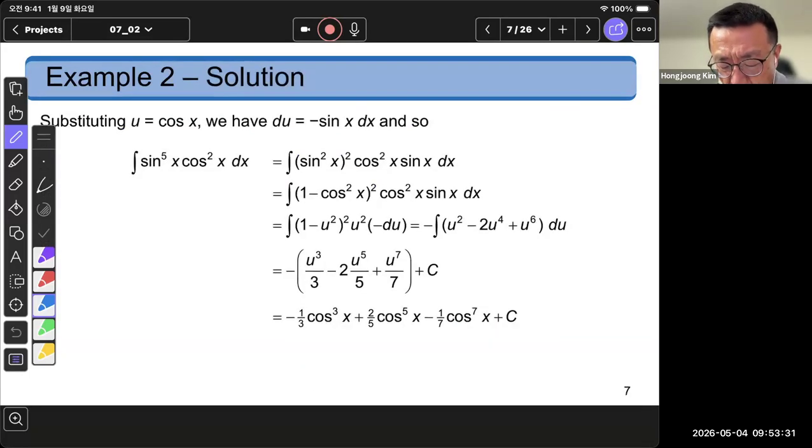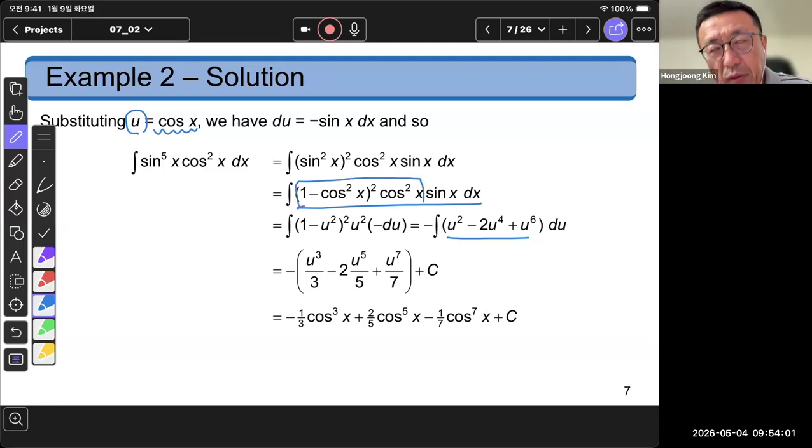So if u denotes cosine x, then when you expand, you get cosine x squared minus 2 times cosine x to the fourth plus cosine x to the sixth, and those will be replaced by u squared minus 2u to the fourth plus u to the sixth. And so that handles this product of cosine functions. But what remains will be sine x times dx.